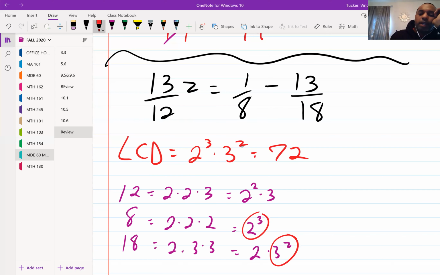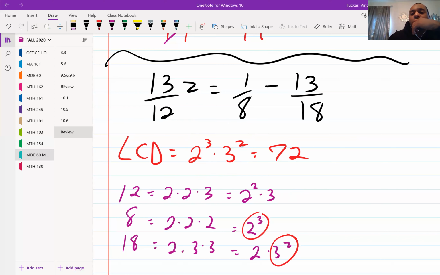I had 2 and 3 as my different prime numbers. Any prime number I see should be a part of my LCD. So if I had a 5 back here, then 5 would have been a part of the LCD as well. But the only ones I had were 2 and 3. Then I took the highest exponent: 2 cubed for the 2, and 3 squared for the 3. And that's my LCD.